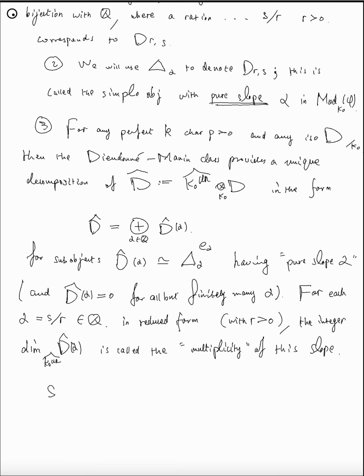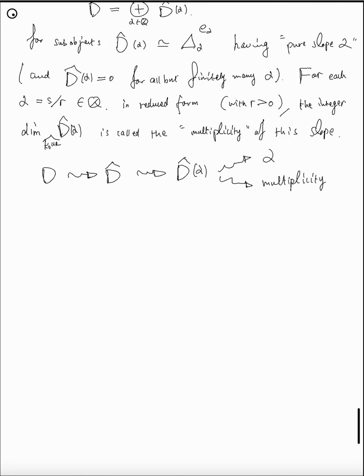So you start with an isocrystal, you have its D hat, and with this D hat, you have D hat alpha. This D hat alpha has a slope alpha, and also has a multiplicity, right? This is the picture.